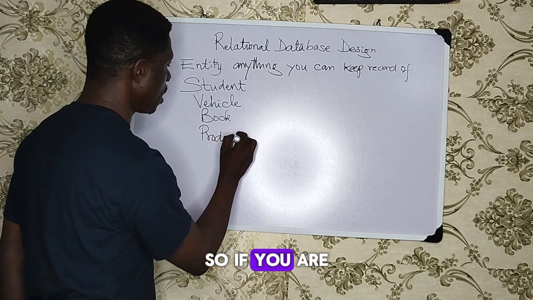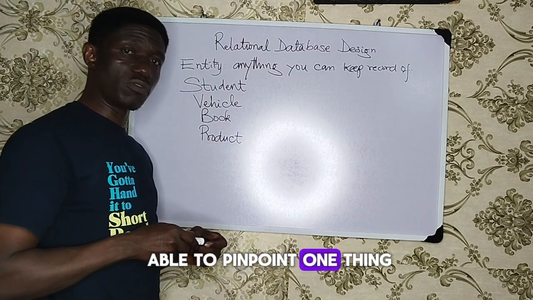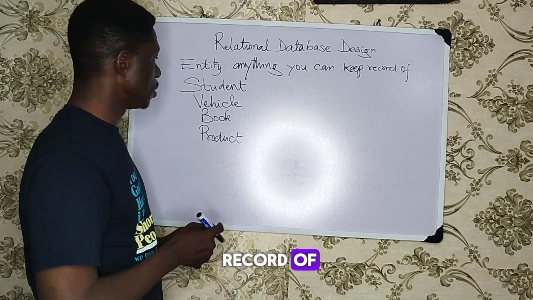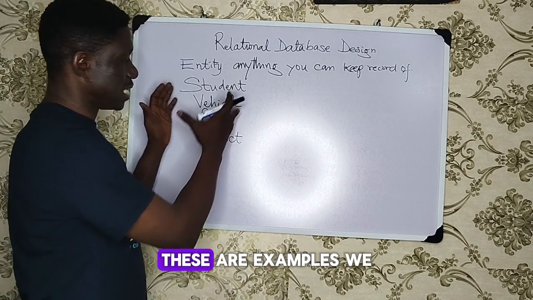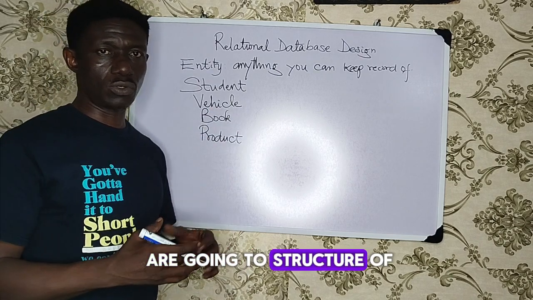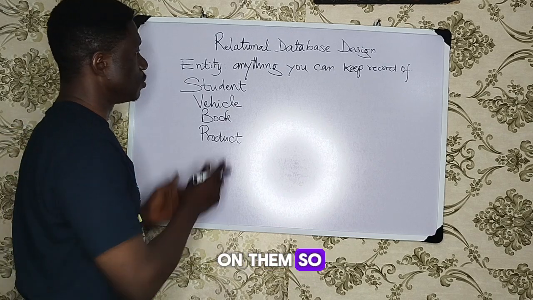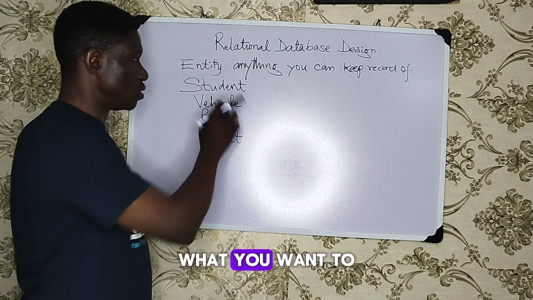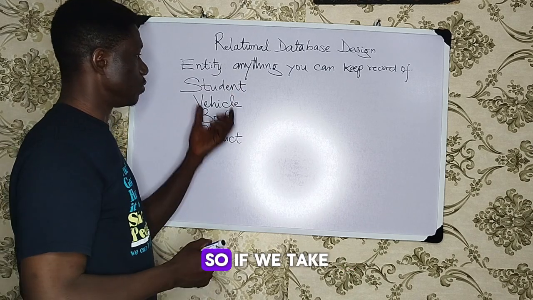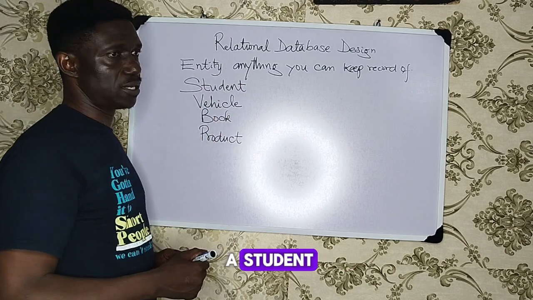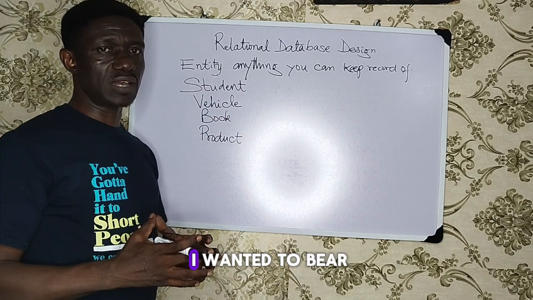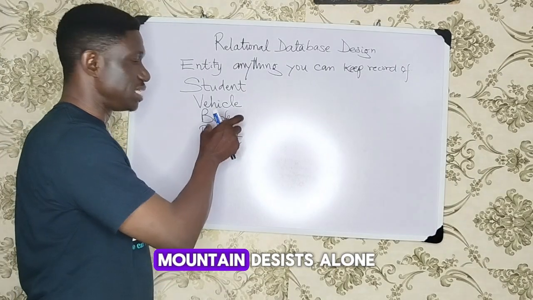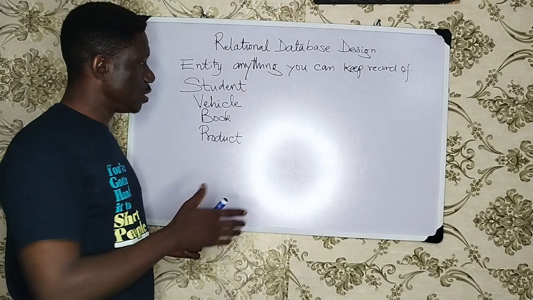So if you are able to pinpoint one thing you want to keep record of, we're going to take them. These are examples we are going to structure. We want to work on them. So the first step is that you have been able to identify what you want to keep record of. So if we take a student, one of the things I want you to bear in mind is that nothing exists alone.